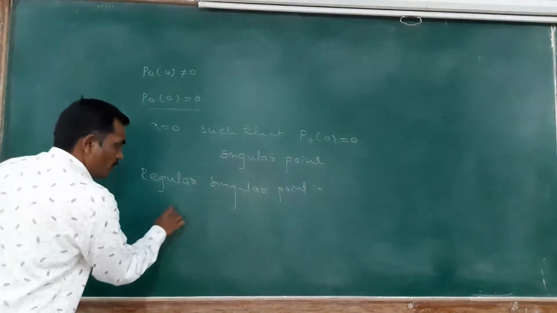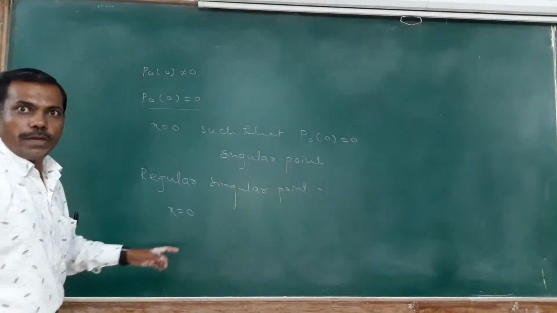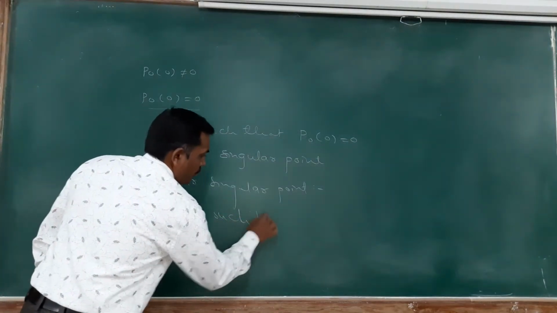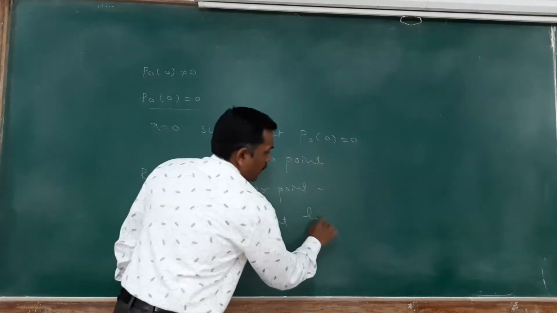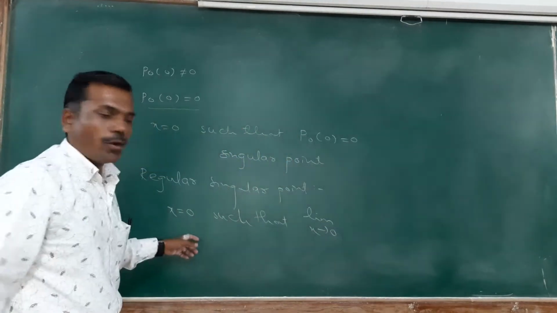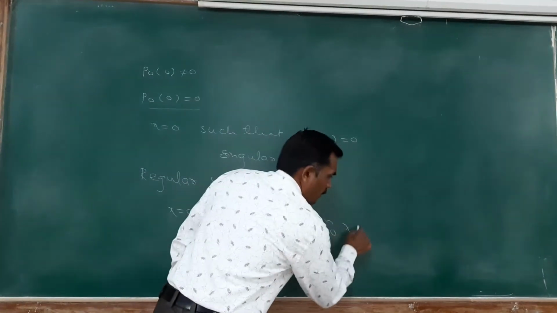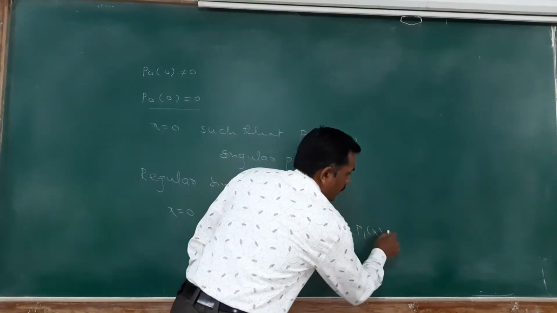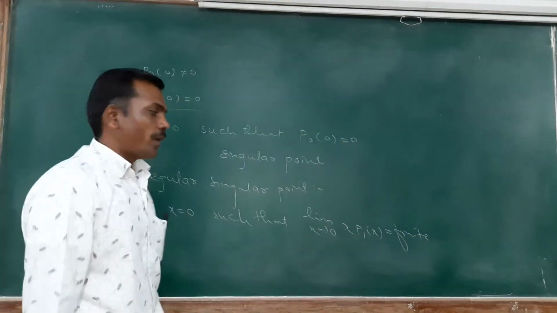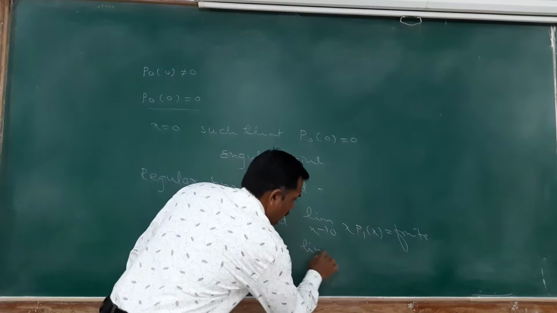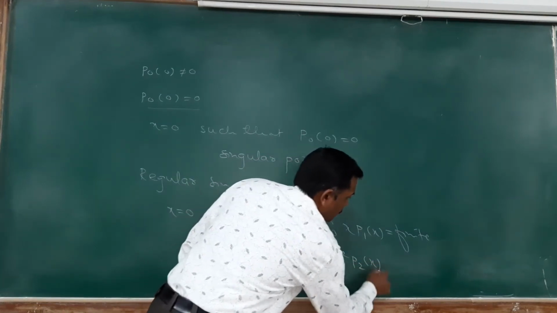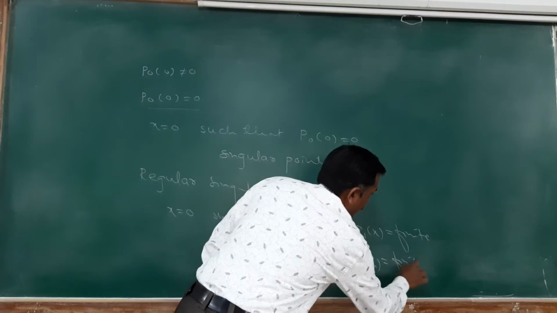Consider a point x equal to 0 such that, if I take the limit as x tends to 0, x into p1 of x is finite, and the limit as x tends to 0, x square into p2 of x is also finite.